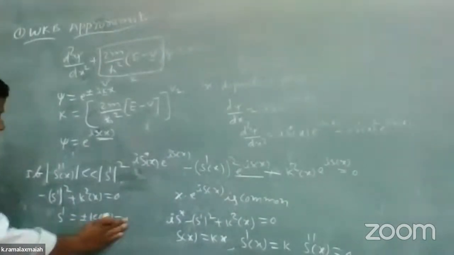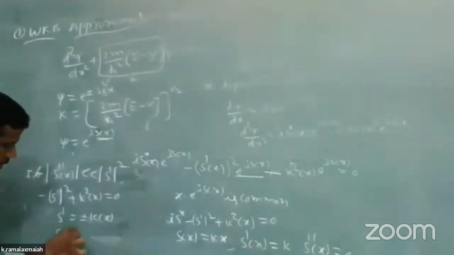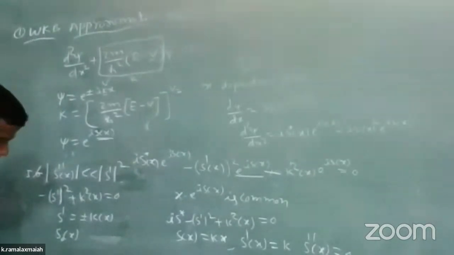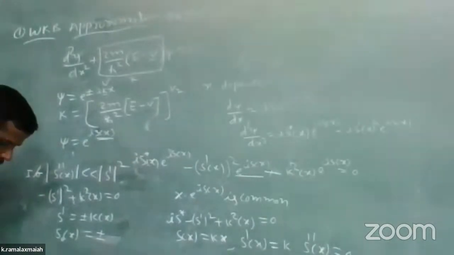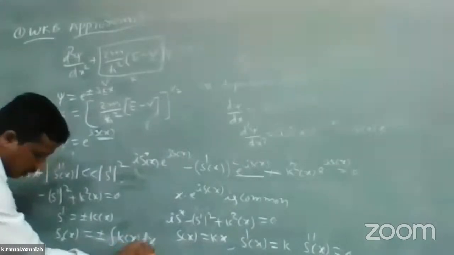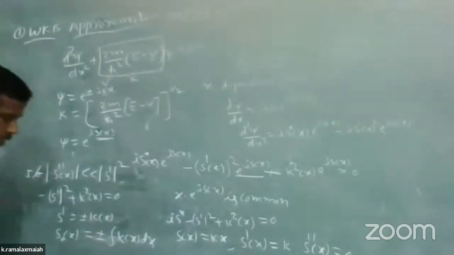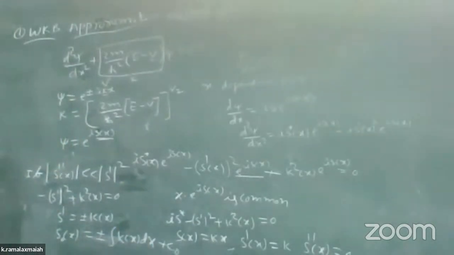So s naught of x is equal to plus or minus the integral of k of x dx plus c naught, where c naught is a constant.